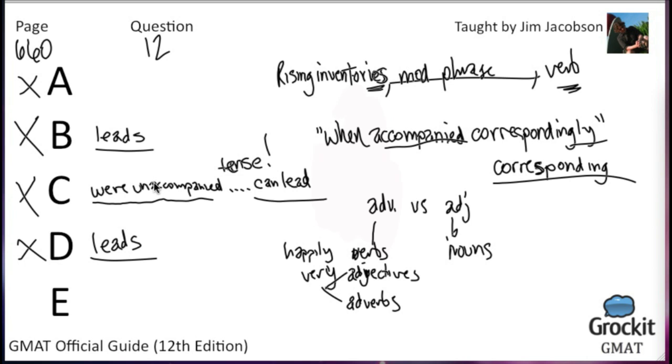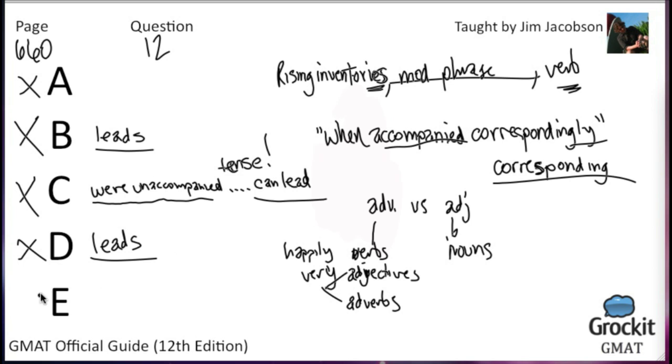Choice E, if not accompanied by corresponding increases in sales, can lead. So if not accompanied, present tense, if they are not accompanied, and can lead, so we have the verb tense. It's the right number for the verb.